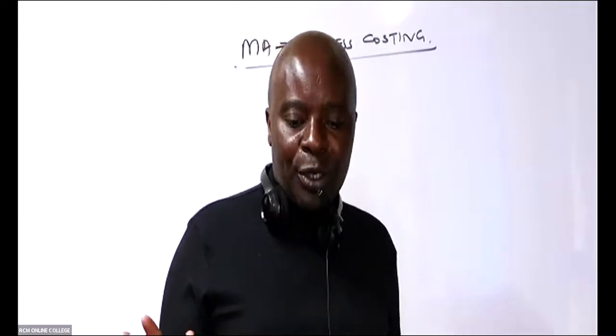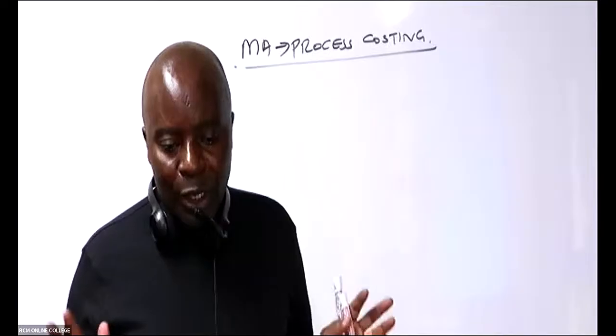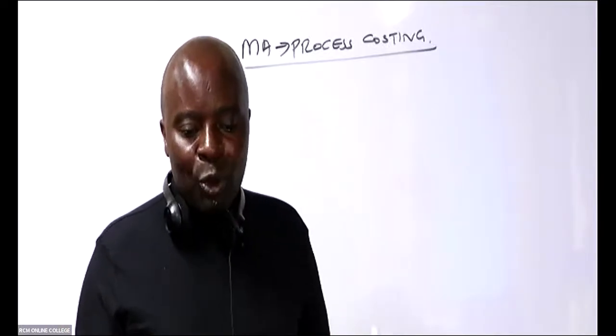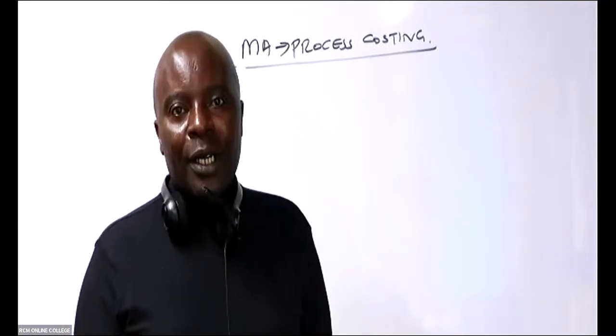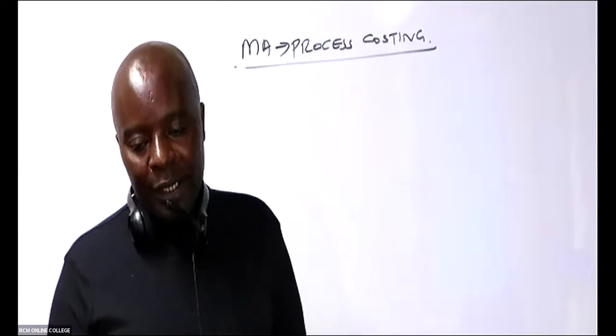And then the last lesson, next week on Thursday evening, I'll do what we call work in progress, both closing work in progress and opening work in progress. Those are the only areas which are left. So let's see how far we can push this in an hour.